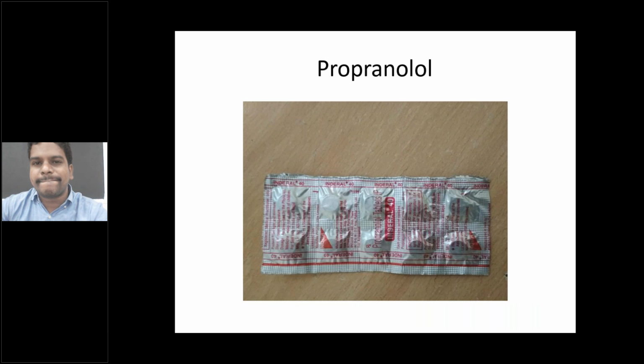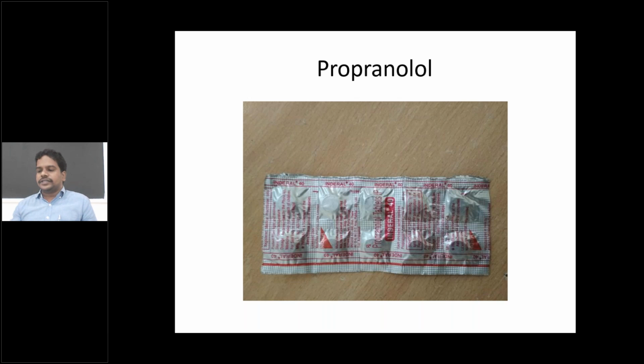Then propranolol. What are the uses of propranolol? Hypertension. Very good. Antihypertensive. For treatment of hypertension, used as an antiarrhythmic, tremors, anxiety.